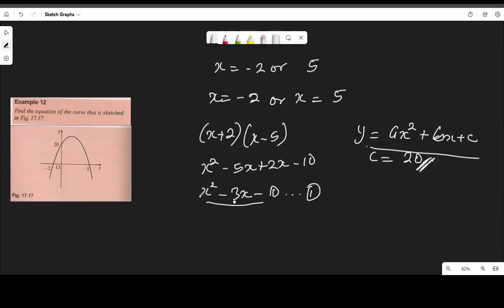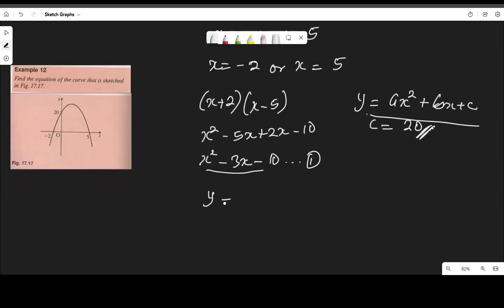So my equation becomes: negative 2 times this gives me negative 2x squared, negative 2 times this gives me positive 6x, and negative 2 times this gives me positive 20. So the equation that produces this is y equals negative 2x squared plus 6x plus 20.